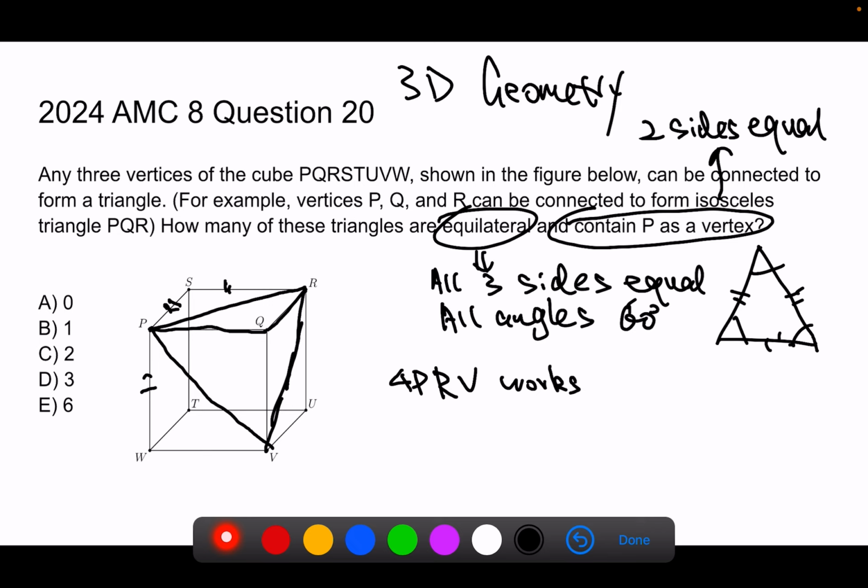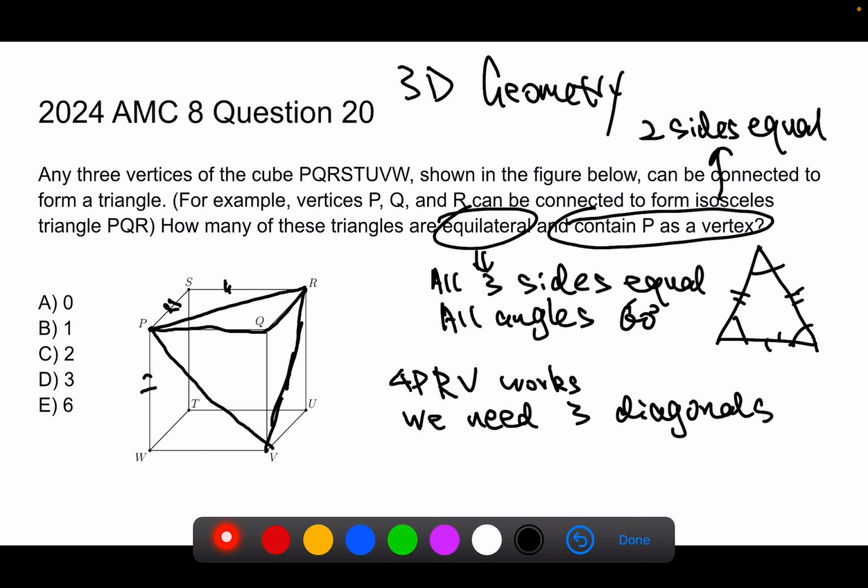Not only do we want to find the example that works, but you also want to get an insight. What's inside here? What sort of triangle would work? Now, to make this triangle equilateral, I can only use three diagonals.